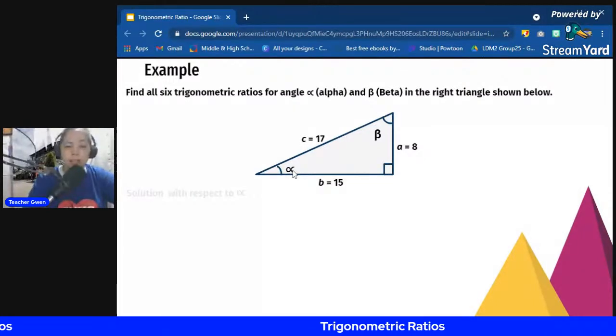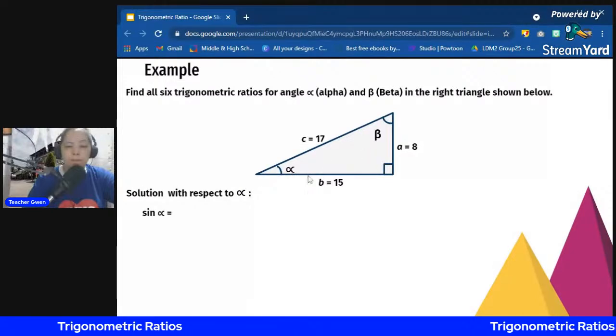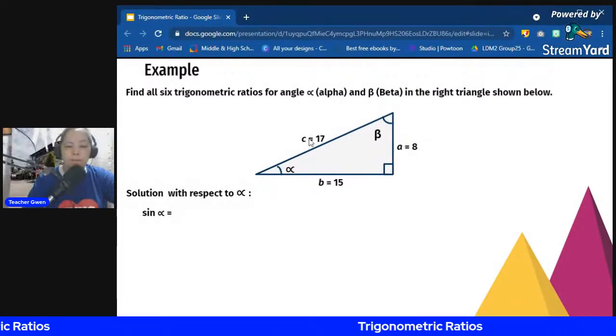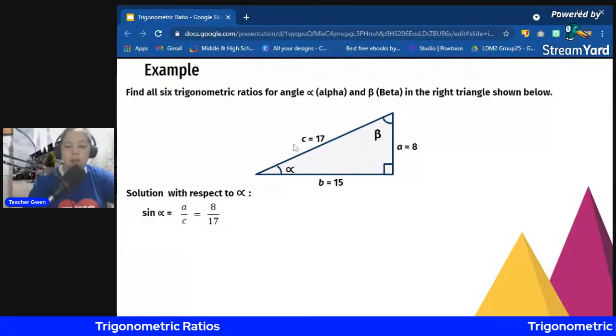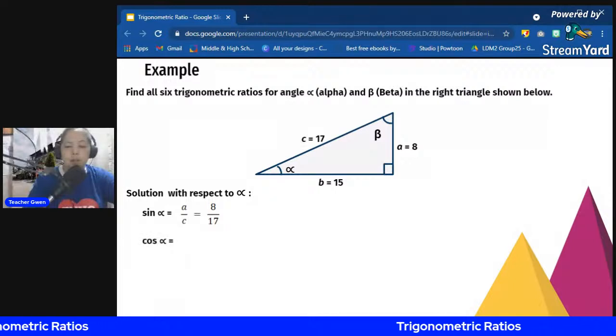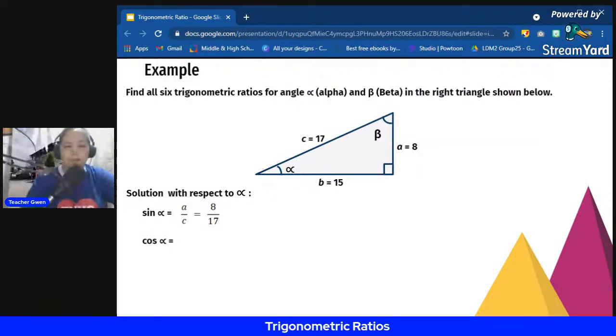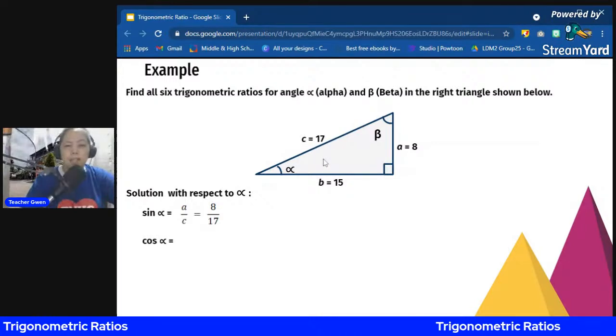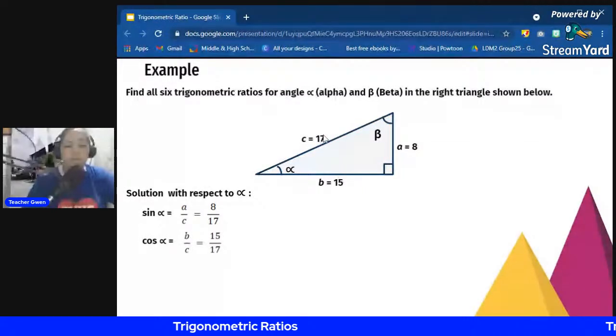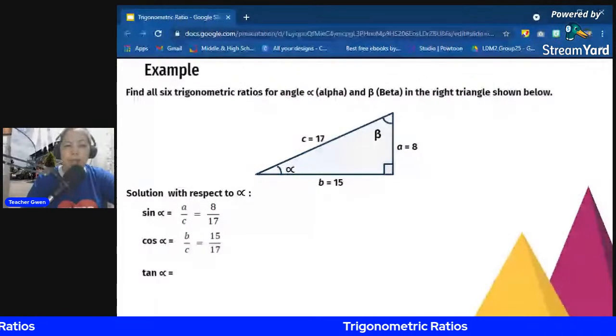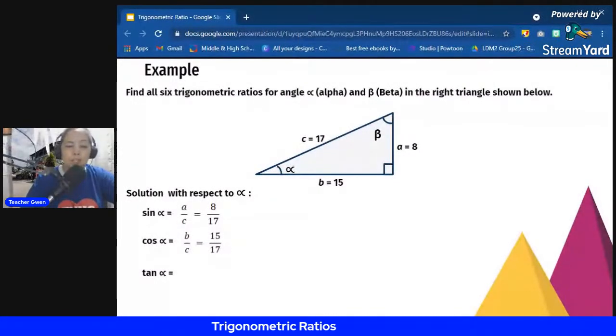With respect to alpha, sine alpha is opposite over hypotenuse, so A over C, which is equal to 8 over 17. Then cosine alpha is adjacent over hypotenuse, B over C, which is 15 over 17. Remember, we are only finding ratios.